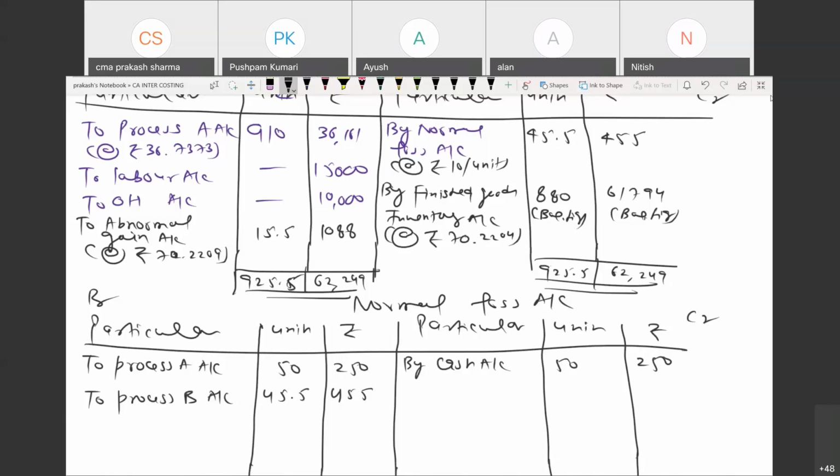Our normal loss was reduced from 45.5 units to 30 units. Because there is an actual normal loss of 30 units only, we will get scrap for 30 units only. So by cash account, I write here 30 units at the rate of rupees 10 per unit, it is 300.